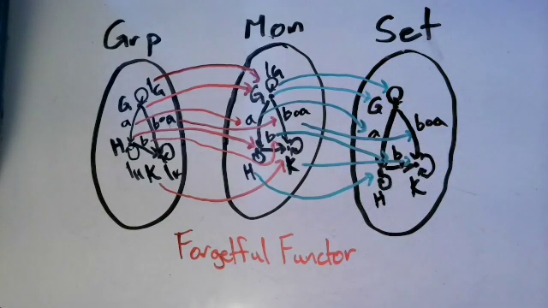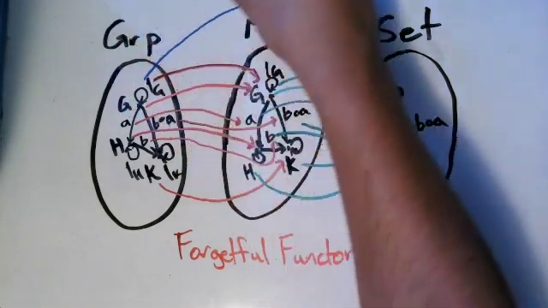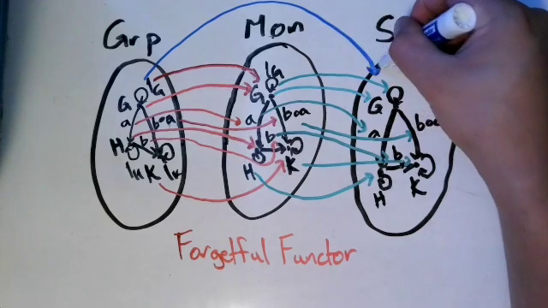And so we have a forgetful functor from the category of groups to the category of monoids, as well as a forgetful functor from the category of monoids to the category of sets. And of course, we also have a forgetful functor going from the category of groups all the way to the category of sets.